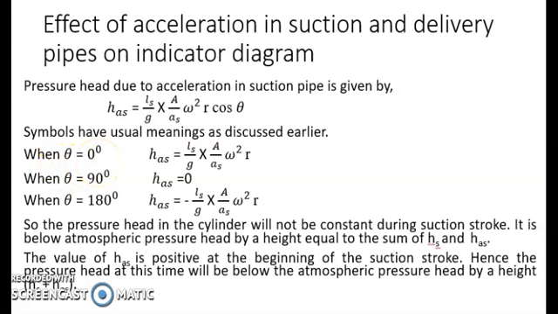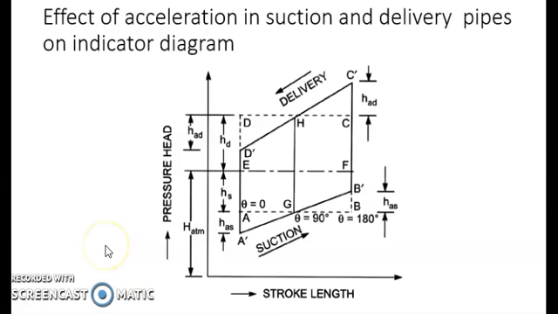So the pressure head at this time will be below the atmospheric pressure head by a height equal to h_s plus h_as. So the pressure head in the cylinder at the beginning of suction stroke will be below atmospheric pressure head by a height equal to h_s plus h_as.